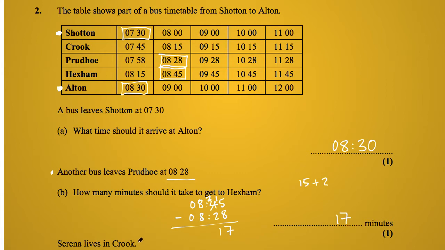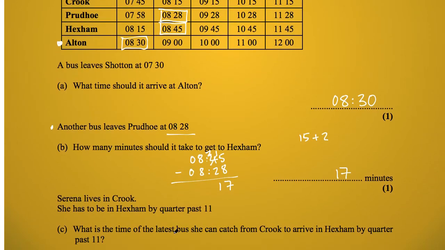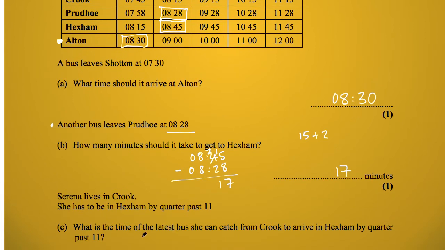Then Serena lives in Crook. She has to be in Hexham by 11:15. What is the time of the latest bus she can catch from Crook in order to arrive in Hexham by 11:15? If we look at the Hexham row, 11:45 is too late.